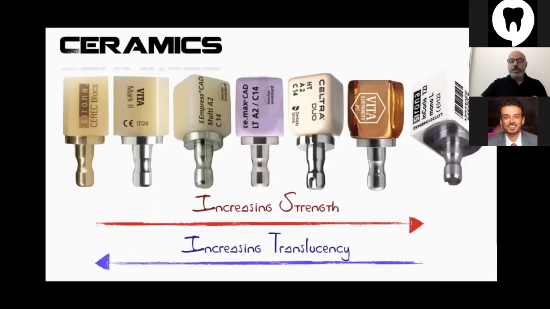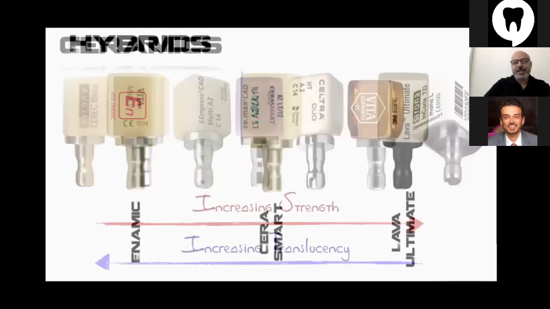And of course, strength increases toward zirconia, with translucency increasing the other way around. This is very important to note, because the materials are not all the same. This is for another time to be discussed, because it needs lots of time.